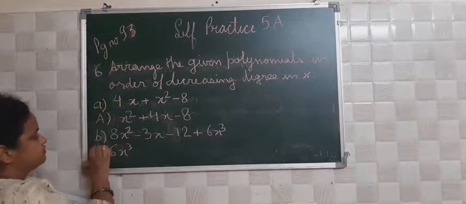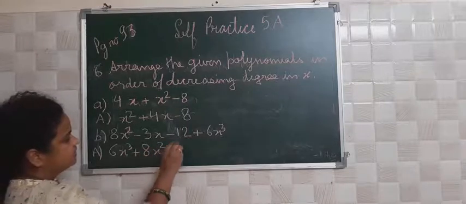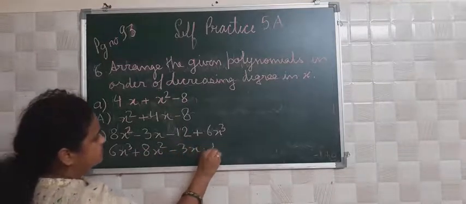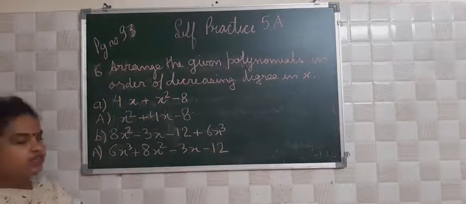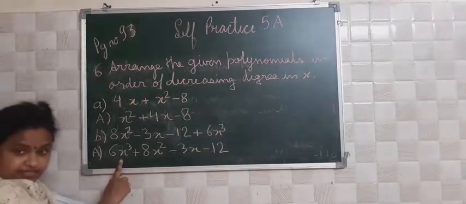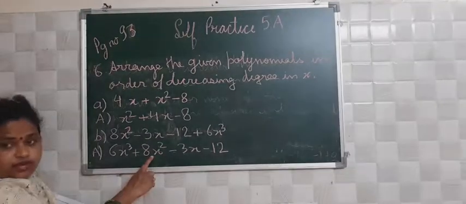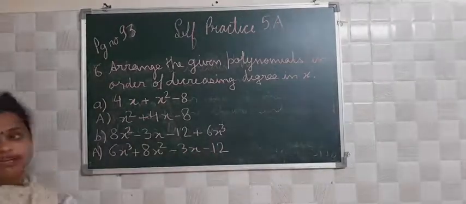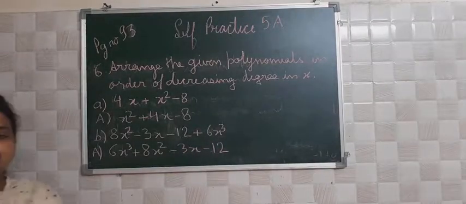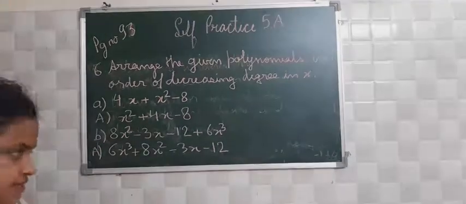Then comes plus 8x square minus 3x minus 12. Correct? You have to write in decreasing power. So x cube is maximum degree, then comes x square, then minus 3x, and at last comes minus 12. So this is in the decreasing order of the degree in x.